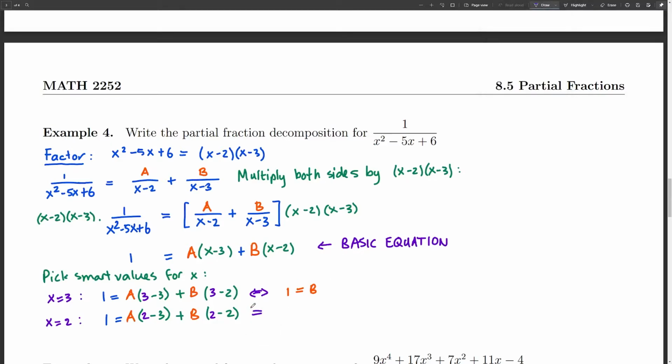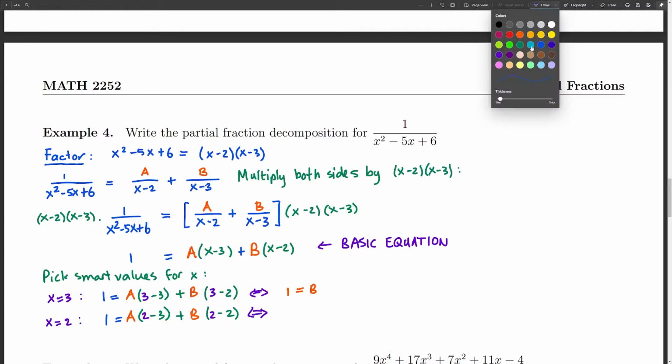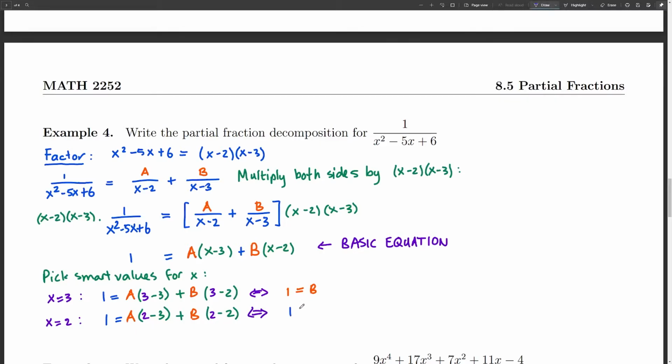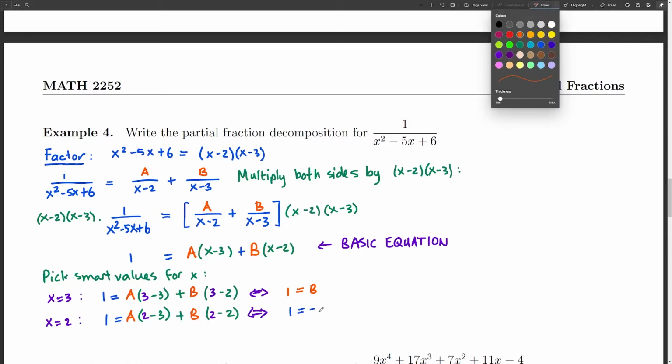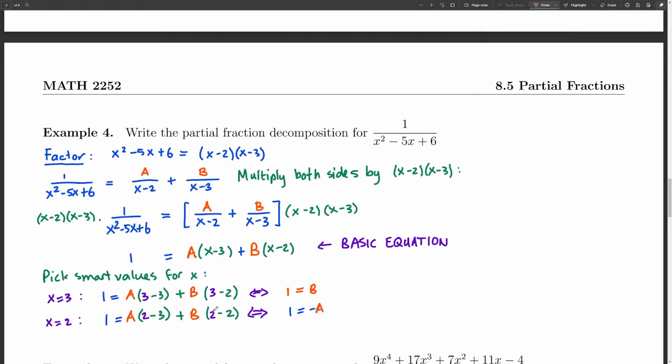And what we're left with then is the equation 1 equals a times negative 1, or 1 equals negative a. And that then leads to a equals negative 1.